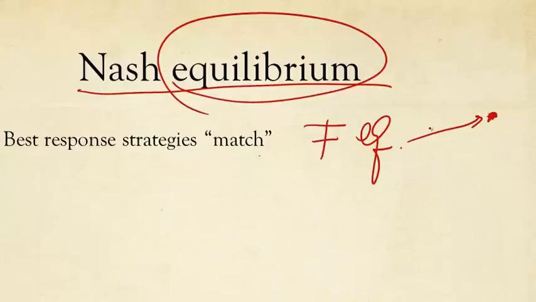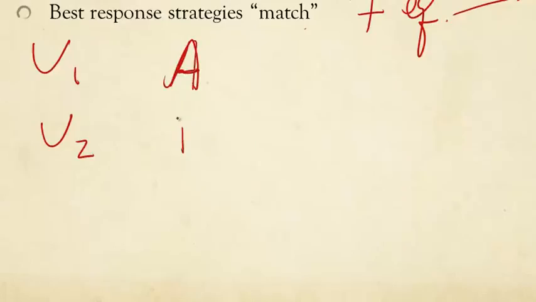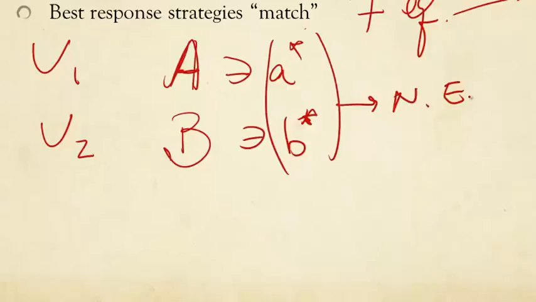So more precisely, let's say that there are 2 users. Okay? And user 1 got utility U1, user 2 got utility U2. And user 1 got a strategy set, script A. And user 2 got strategy set, script B. And we say that a particular point, call that A star, and a particular point B star in A and B sets respectively is called a Nash equilibrium if the following definitions are true.